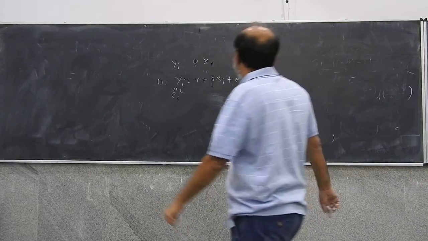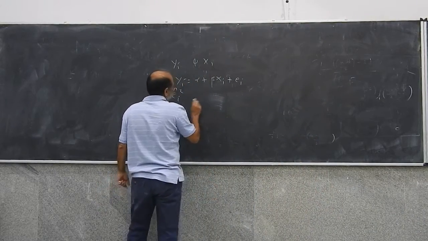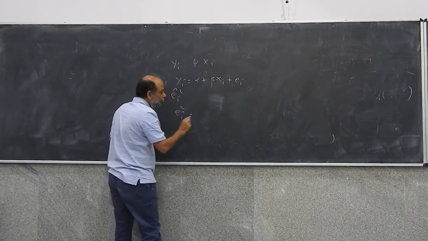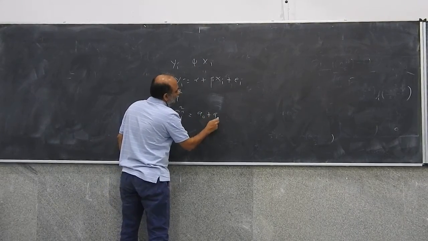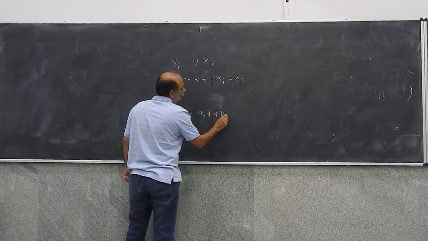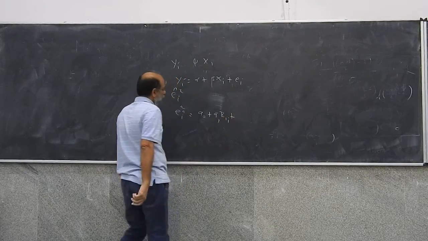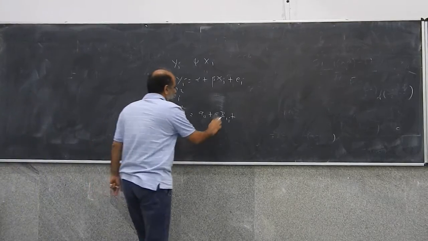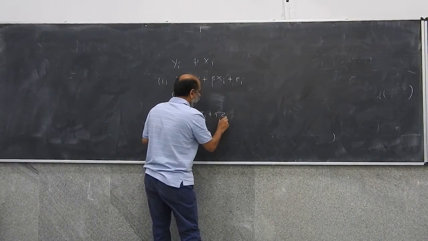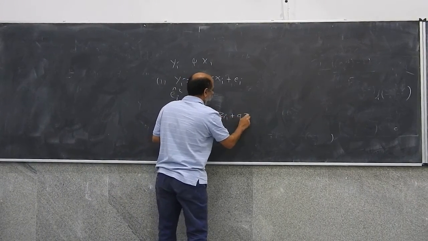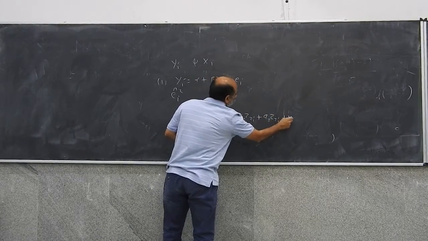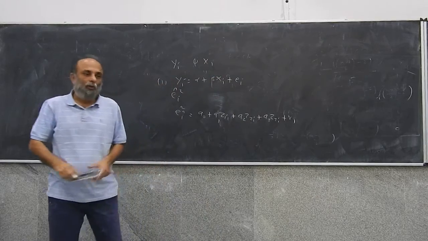So what we do is, you regress e hat i square on a0 plus a1 z1i plus a2 z2i plus a3 z3i.